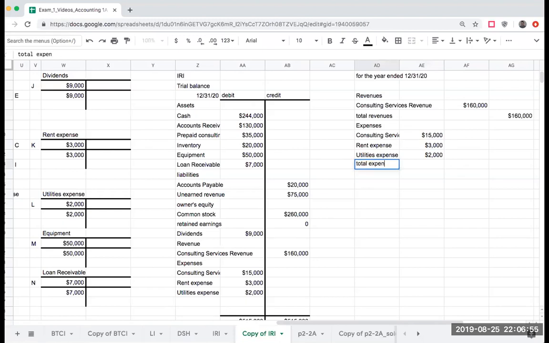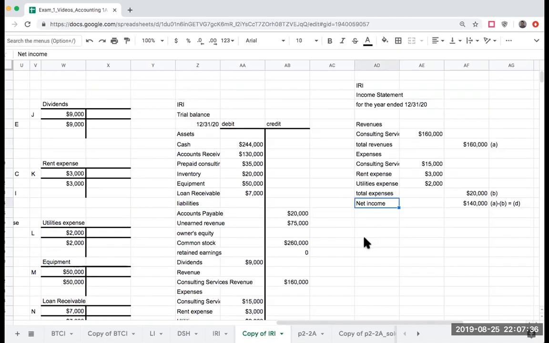So my total expenses are going to be $20,000. Okay, so how much is my net income? It's going to be my revenues minus my expenses, or $140,000. So that's my net income.